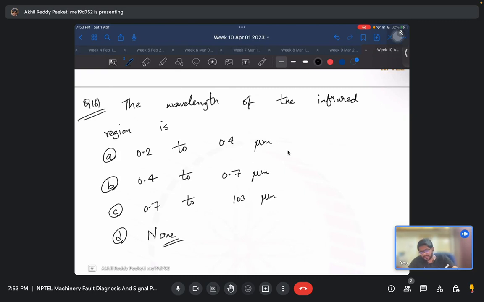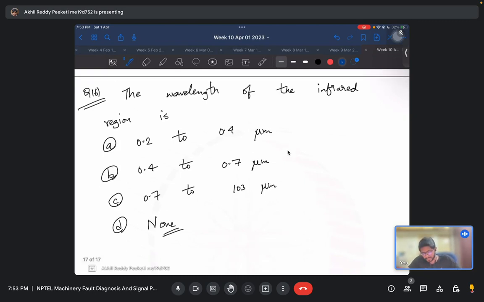The wavelength of the infrared region. So the wavelength of the infrared is actually from 700 nanometers and above. So 0.7 to 103 microns.